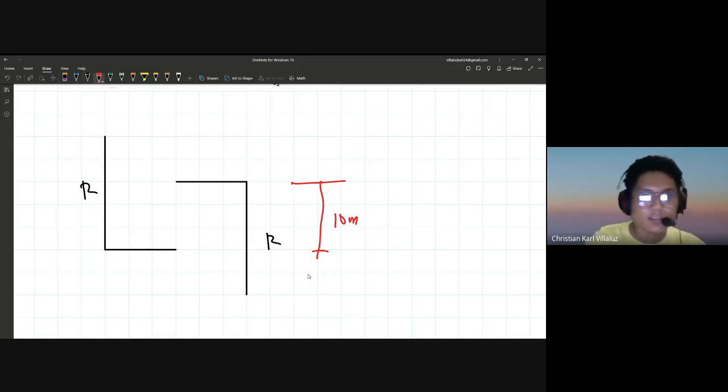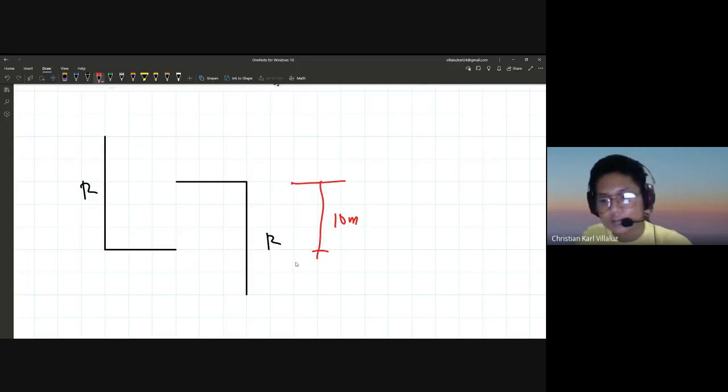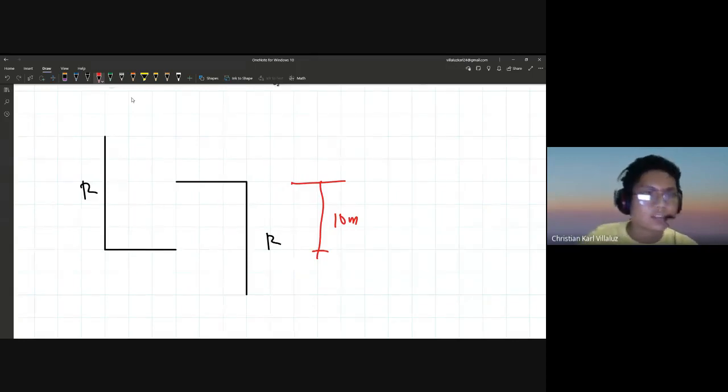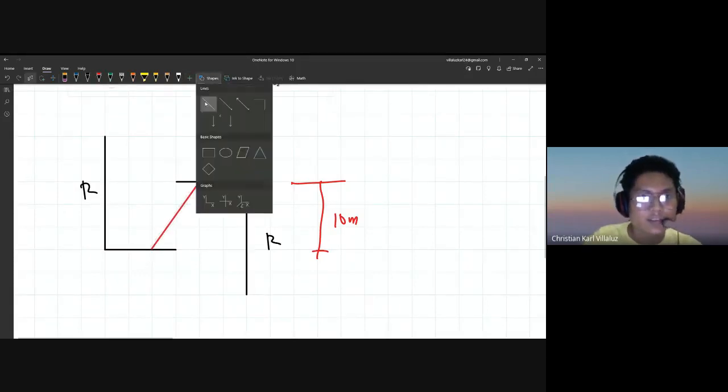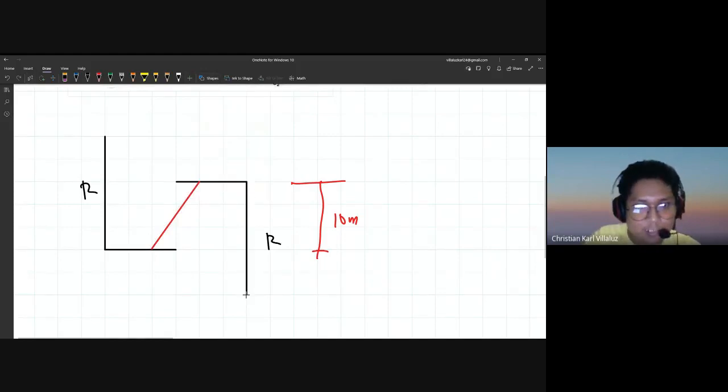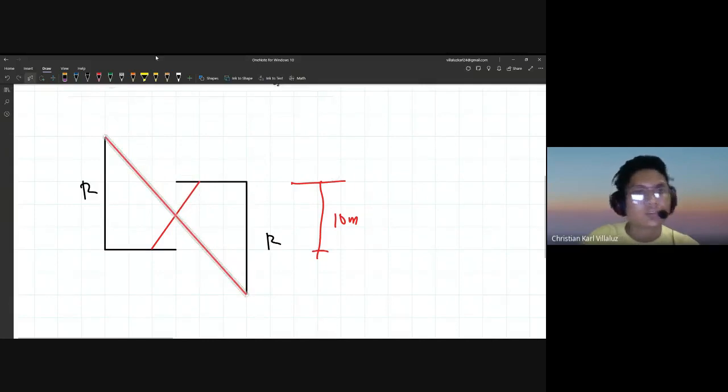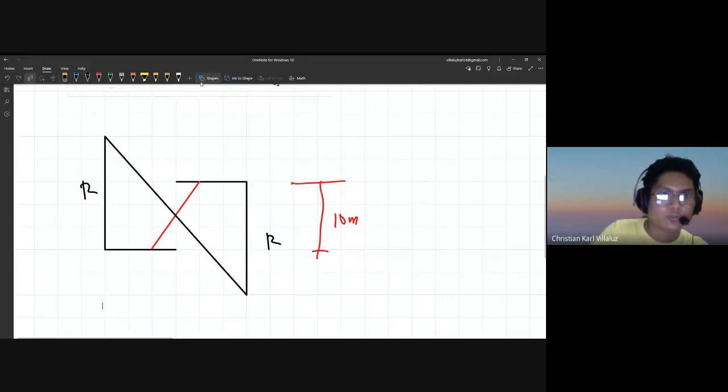So, sa pagdodrawing ng reverse curve, kung meron tayong tangents, dapat meron ding common tangent. So, i-connect natin yung dalawa. Say, dito. Papunta dun. Yun. Then, i-connect natin yung dalawang dulo ng radius. Yun na yung midpoint. O, dun na yung PRC natin.